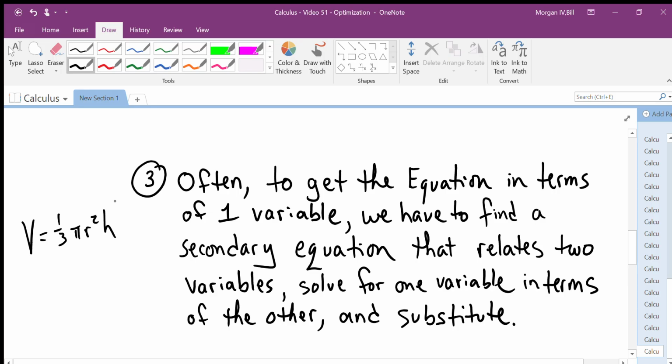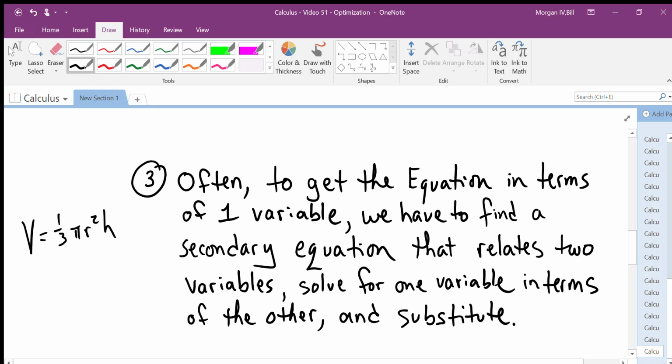And we didn't take the derivative of both sides until we made the right-hand side only in terms of one variable, right? So we would relate r and h somehow and then substitute, say, r in for whatever h is. r is equal to 5h, something like that, and substitute it in. That way I get the right-hand side only in terms of one variable.